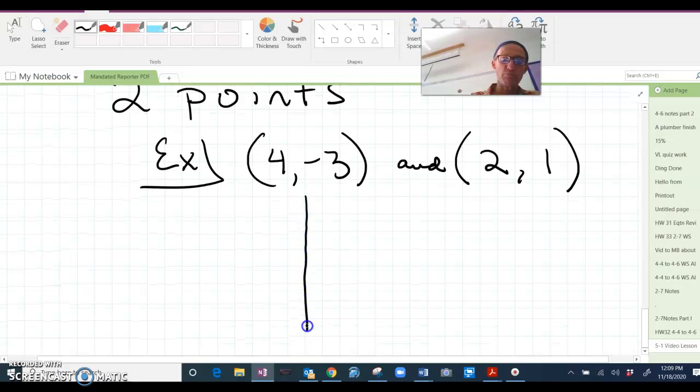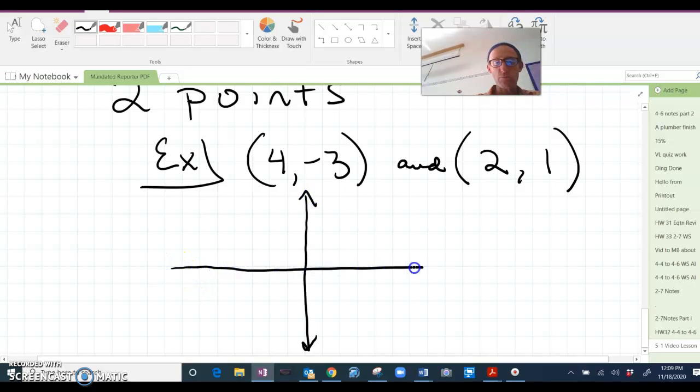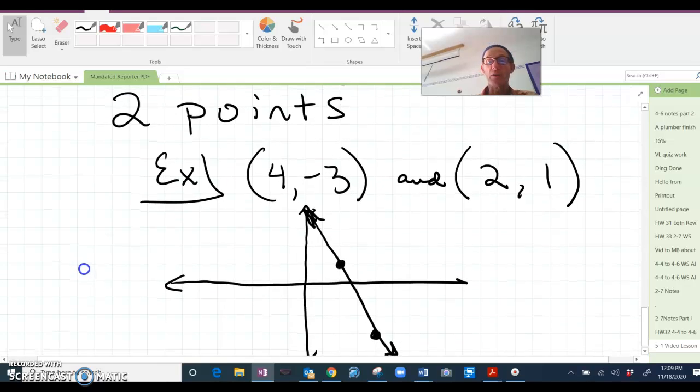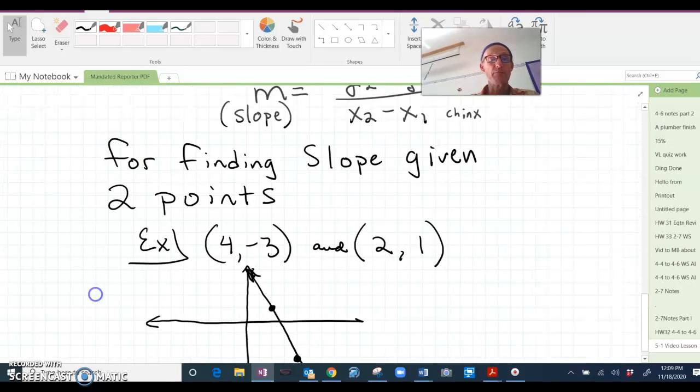So now I'm going to graph those. So 4, negative 3, and 2, 1. Okay, so I want to find the slope of this line. And I'm going to use the formula.